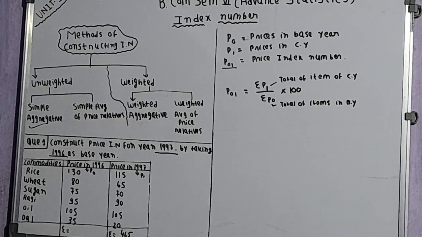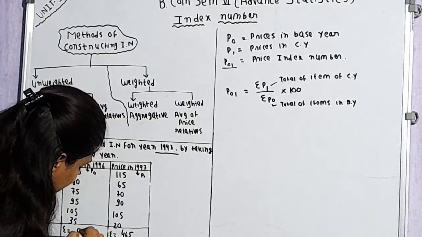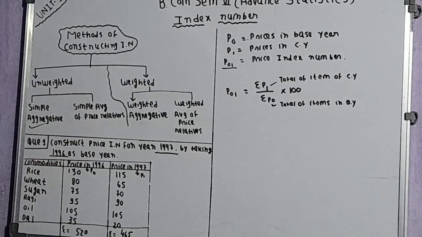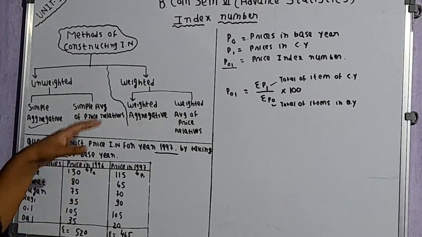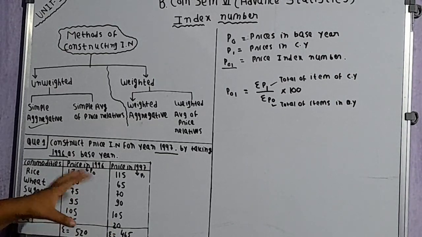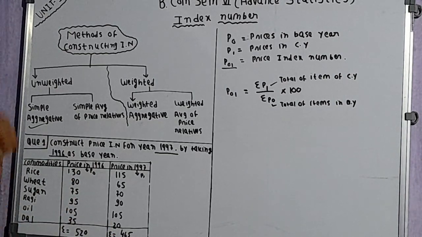It comes to 520. Now we have the summation of commodity prices for the base year as well as for the current year, and by putting these totals into the formula we can calculate the index number.